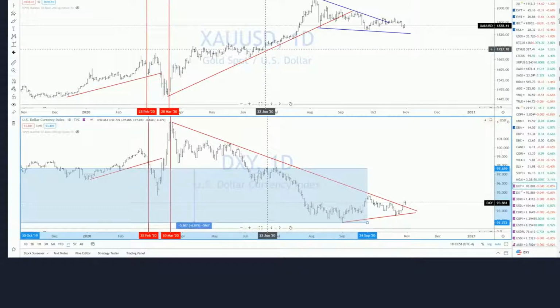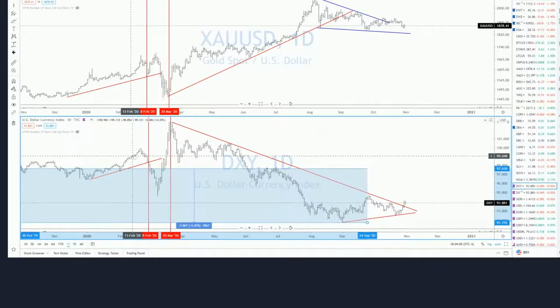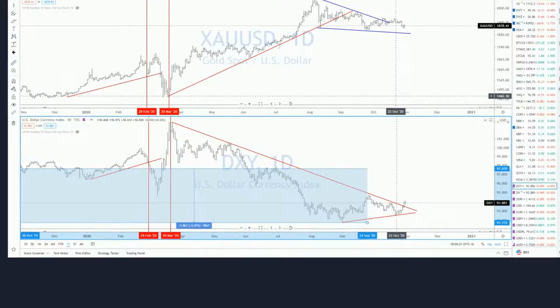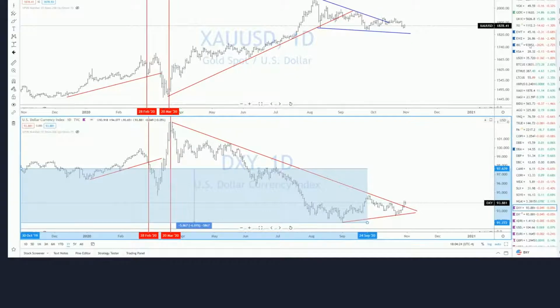So we're going to go back and we're going to look at February 20th. And we're going to see that the dollar at the time was rising and then started to fall and started to crater. All right. What happened to the stock market shortly thereafter? Oh, I'm sorry, gold. Well, let me bring up the stock market real quick.